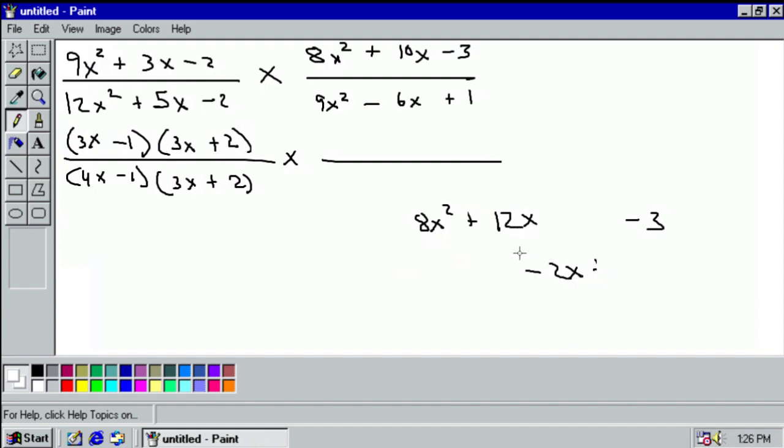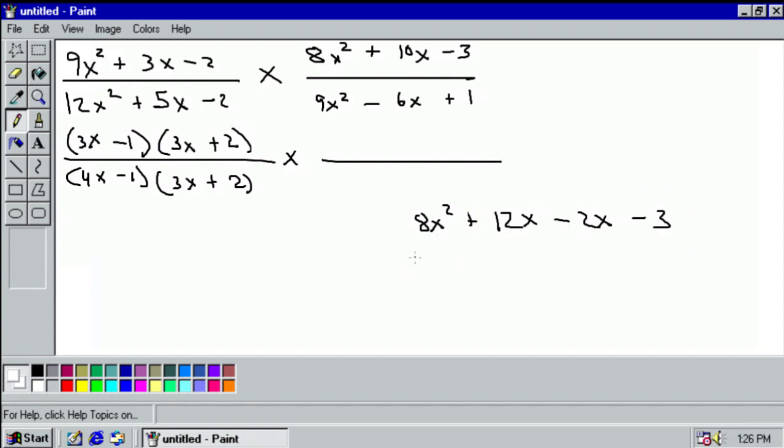It's quite confusing when I'm the one teaching. We can move this here. So 8x squared plus 12x minus 2x minus 3.